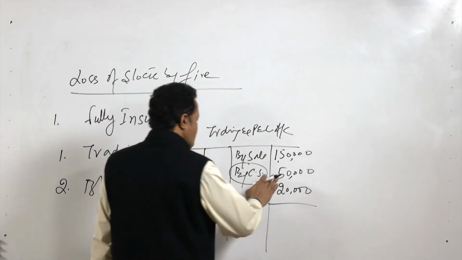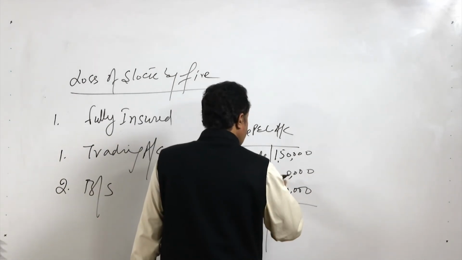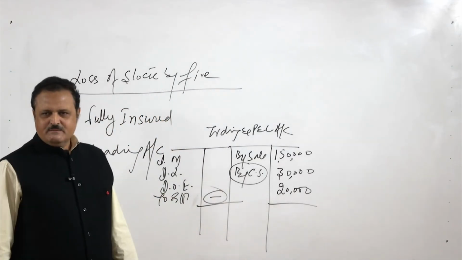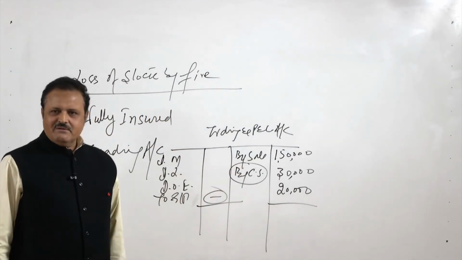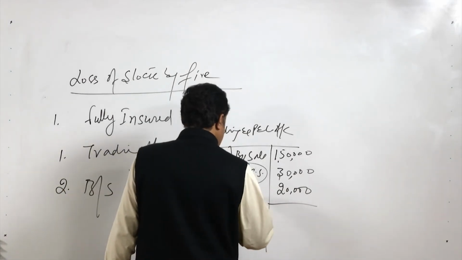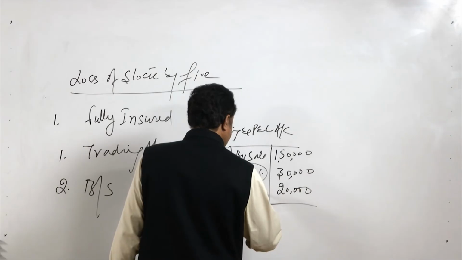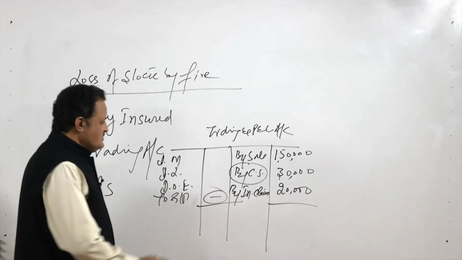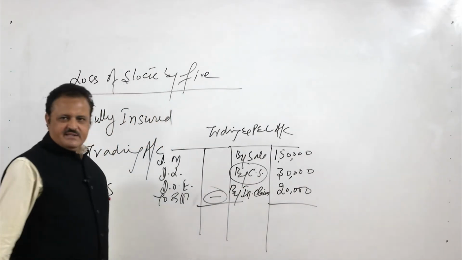It means this 50,000 remained as 30,000 rupees. So, by closing stock will be 30,000, and by insurance claim, you write here 20,000 rupees.